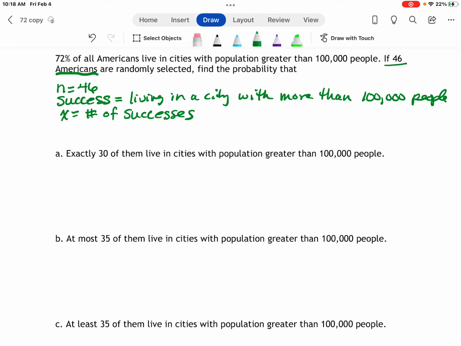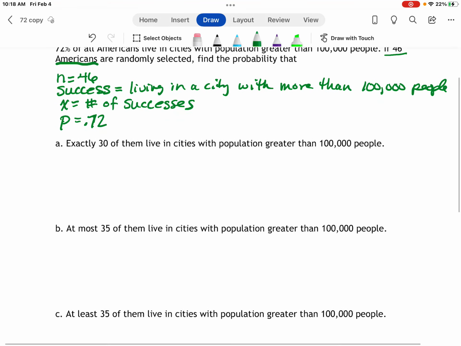And since we're counting the success that someone we choose is in a city with a population of greater than 100,000, our value of P is going to be 0.72.